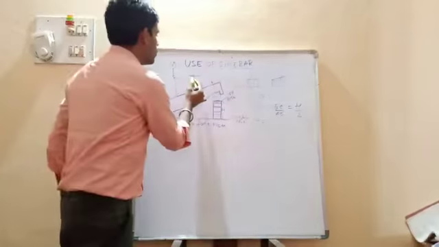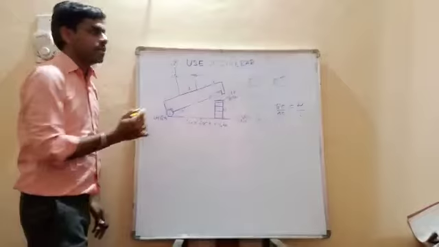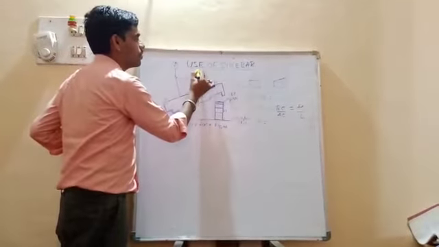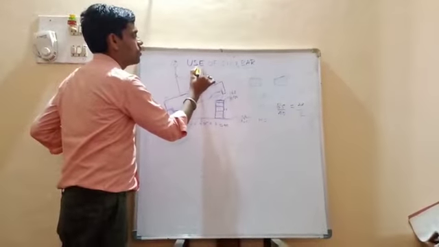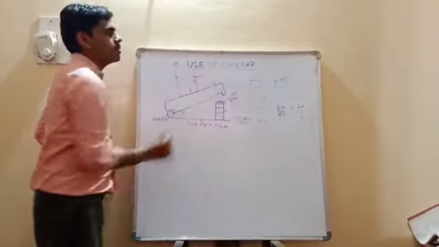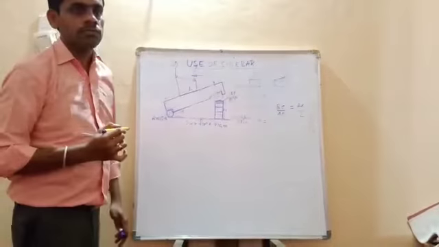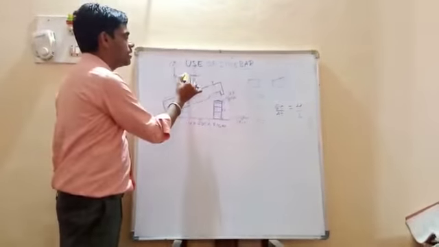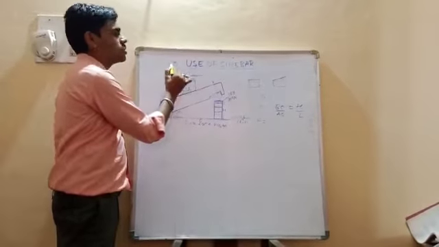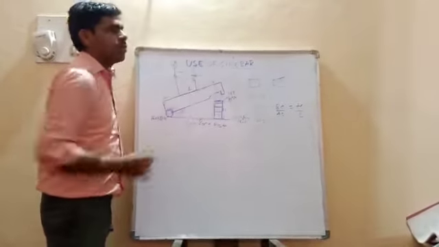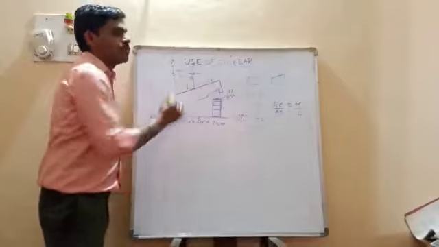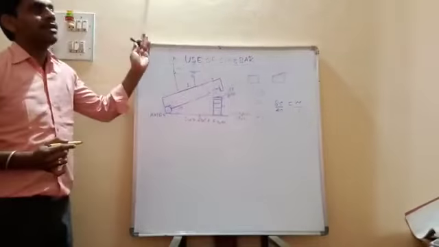Initially, when starting from the origin, we make the dial indicator reading 0. Later we move the dial indicator towards the other end across the workpiece, and we will get the deviation.